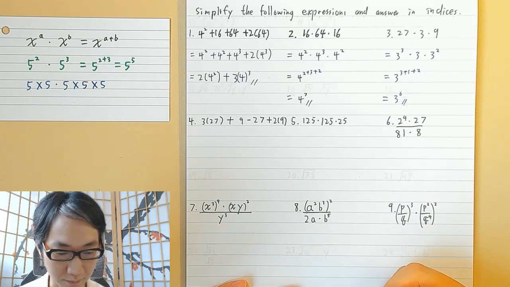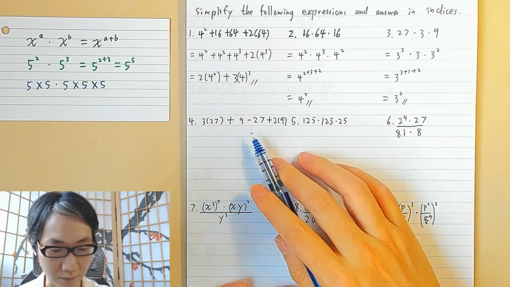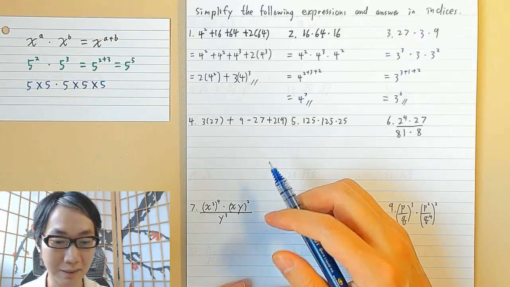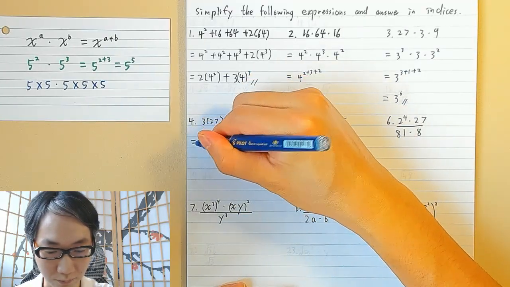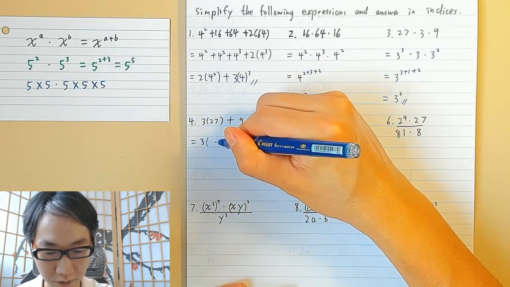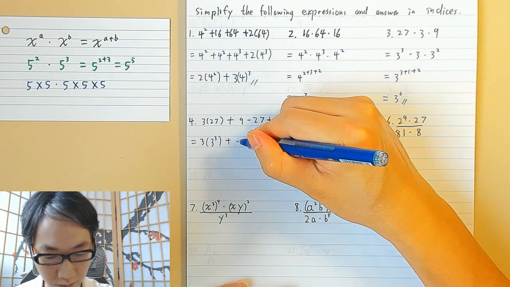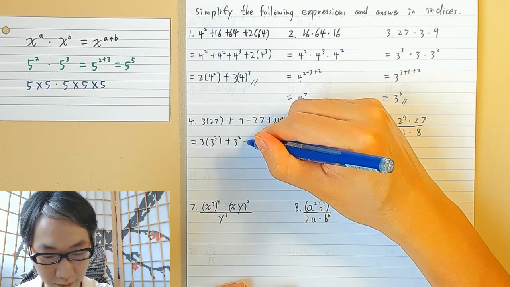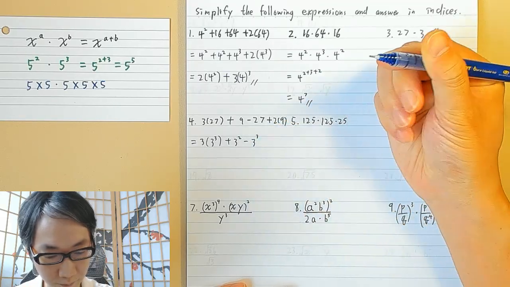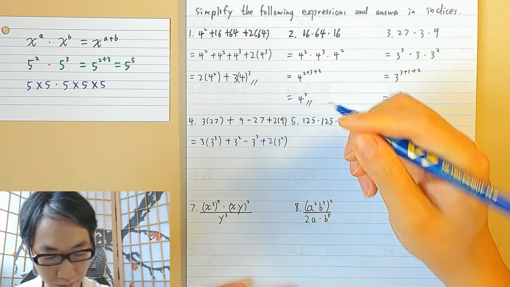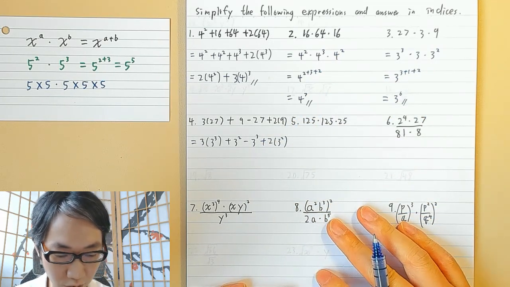Okay. And this one, this is addition and subtraction, so we probably can't use those rules. So 3 times 3 to the power of 3 plus 3 squared minus 3 cube, and 2 3 squared. Okay, how many 3 squared do we have?